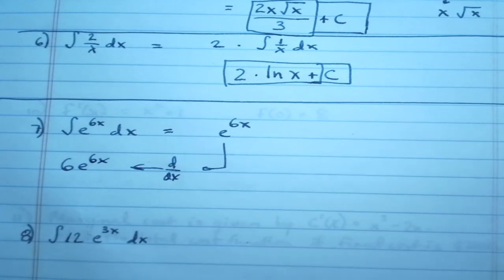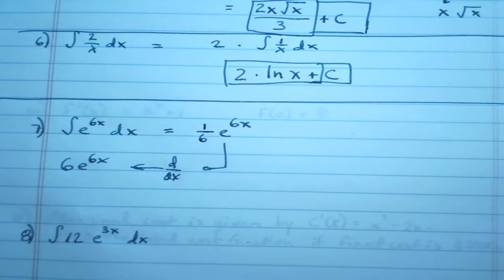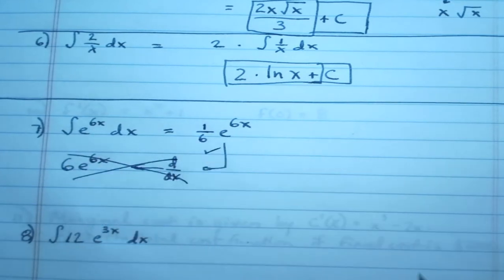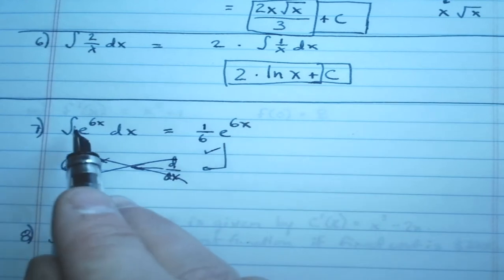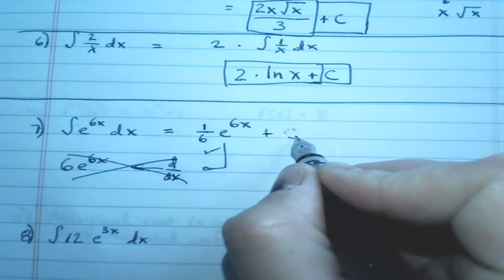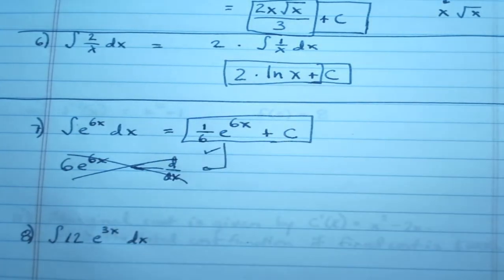So we know that's not the correct antiderivative. How do we fix it? We fix it with that. Now, 6 times 1/6 is 1, e to the 6x. And then what? Plus c.